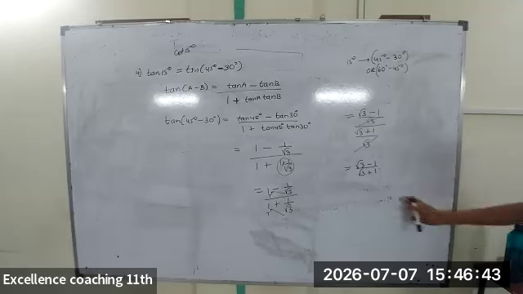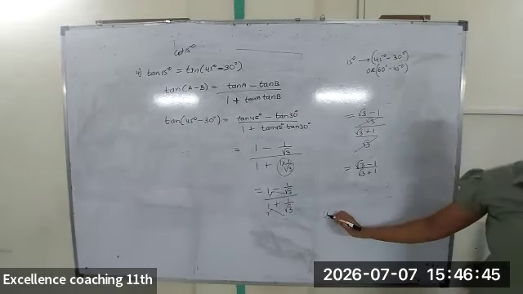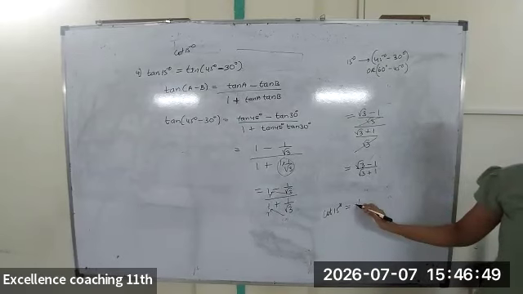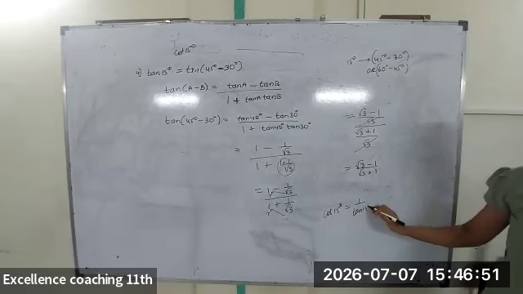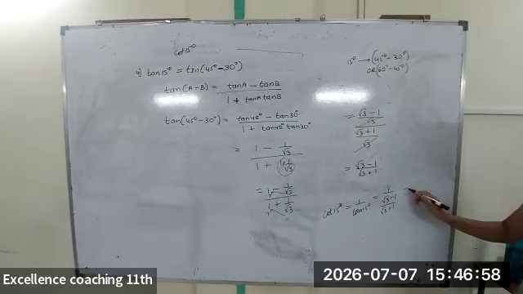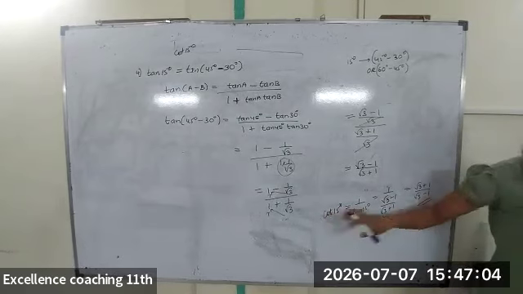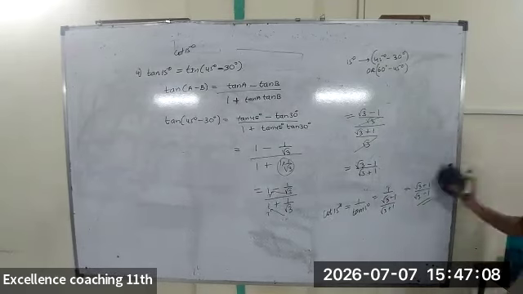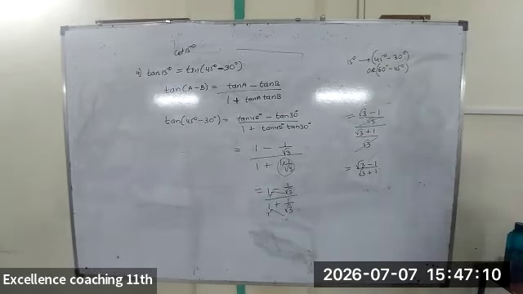If cot was asked, suppose cot 15 was asked, just in case, what would it be? 1 upon tan 15, no? So it would become 1 upon this, and then it would become ulta, reciprocal. Just in case cot was asked, you can find tan and then make it ulta. Even if sec is asked, what will you have to find first?